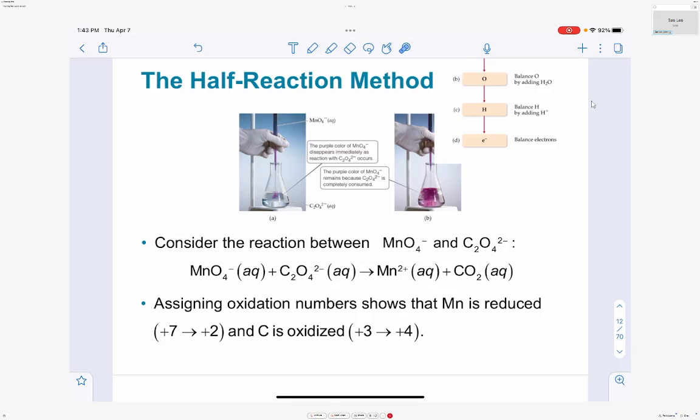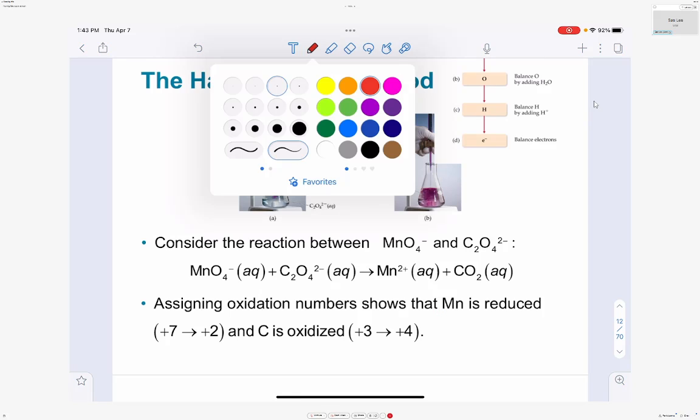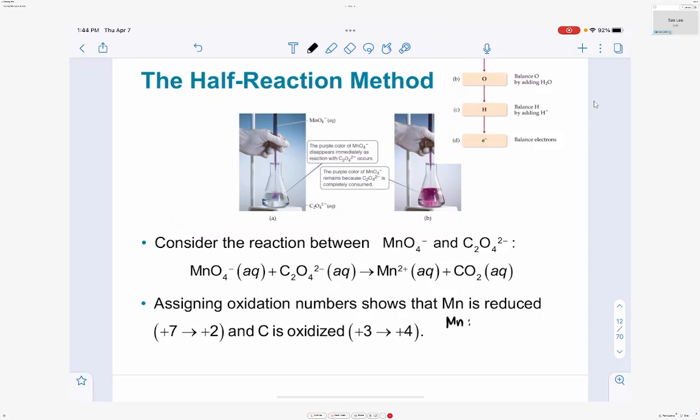So we know that manganese is reduced. And for carbon, the oxidation number changed from +3 to +4. So carbon is oxidized.